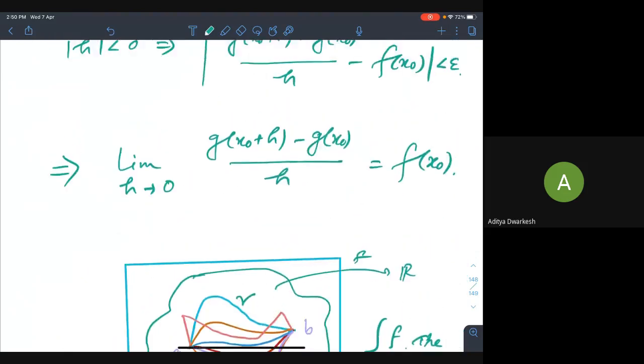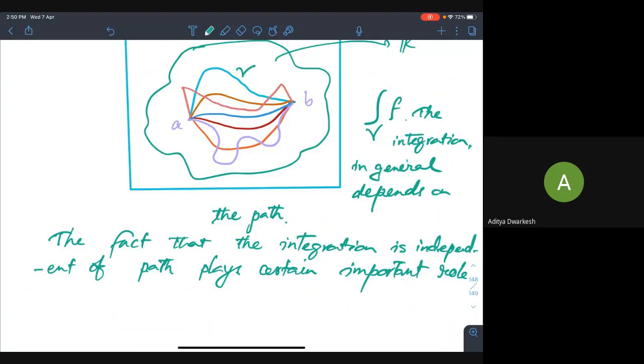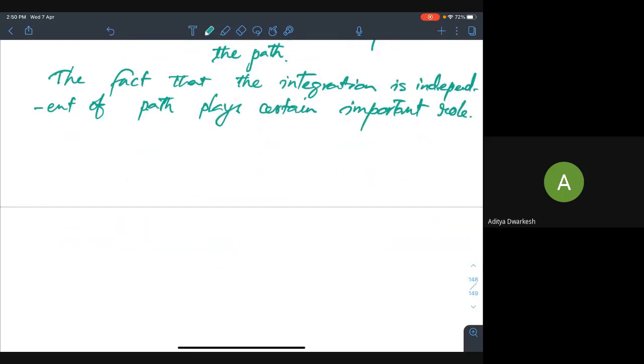And our next theorem gives a very basic class of functions. Or maybe this next theorem will give the same thing in R only. So which means you have an interval, and you have a function to R, and you look at the integration a to b f(x) dx.